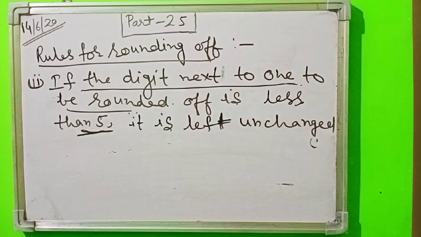Whatever the digit to be rounded off, that digit is left unchanged. There should not be any change in the digit which is to be rounded off.